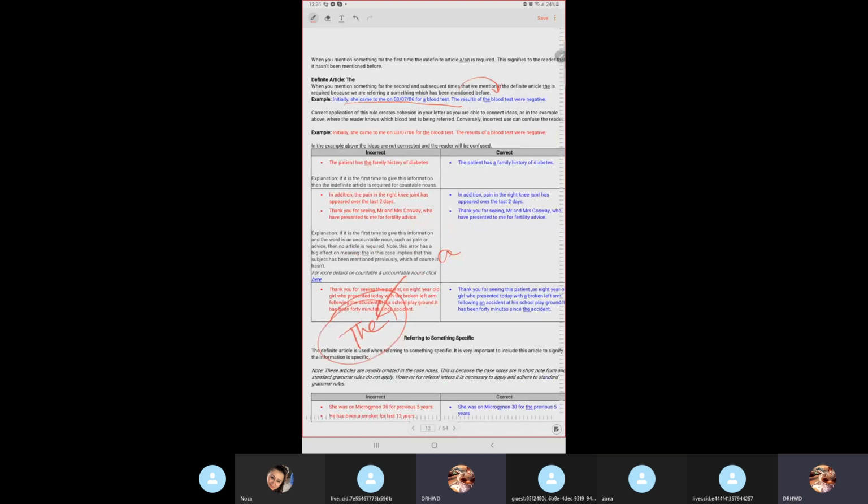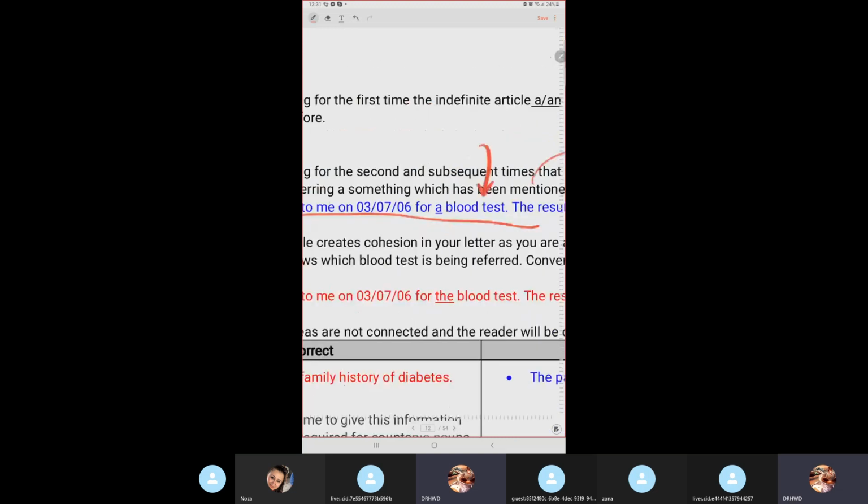Right. So first of all, when I'm talking about this test for the first time, because it's non-specific, for example, I sent someone for an MRI, right? I'm saying an MRI. You guys follow? What I'm trying to say is that when you send someone for an MRI, now it could be any MRI, but when they come back with an MRI, with the MRI, that's specific because that particular MRI would have a particular answer or a particular finding. So that's why it becomes the.